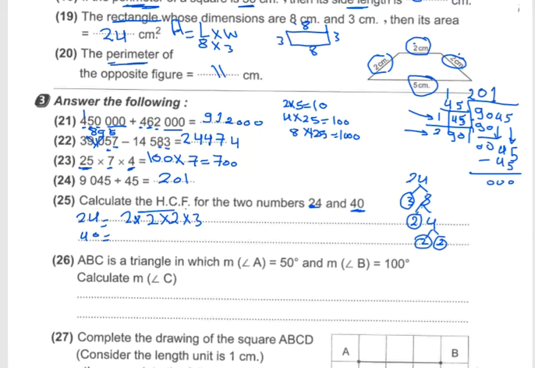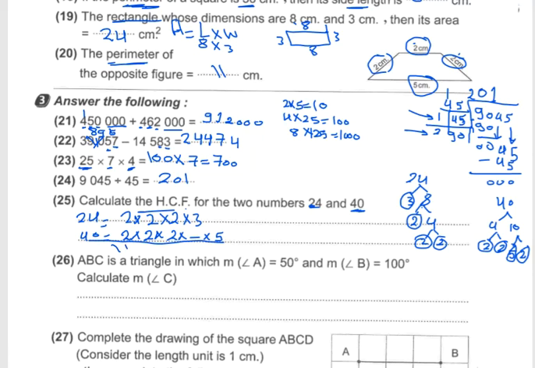And if we want to factorize 40, we'll say 40 equals 4 times 10 and 4 equals 2 times 2. 10 is 5 times 2. 5 and 2 are also prime numbers, so we'll choose them. We must be careful. We arrange here 2 times 2 times 2 times 5. He said highest common factor.